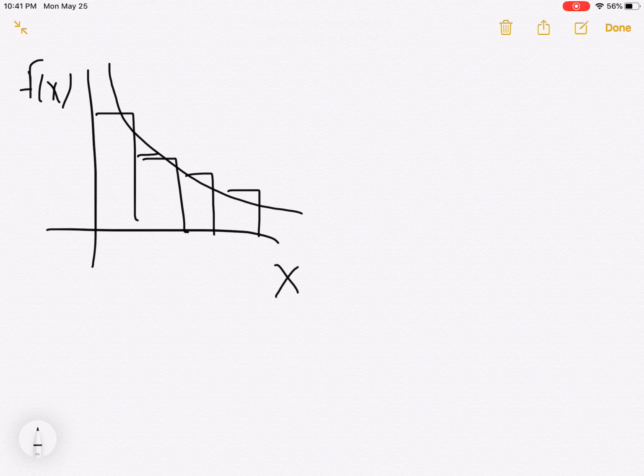There's one other thing I'd like to talk about, which is Theorem 4.3.3. And it says this.